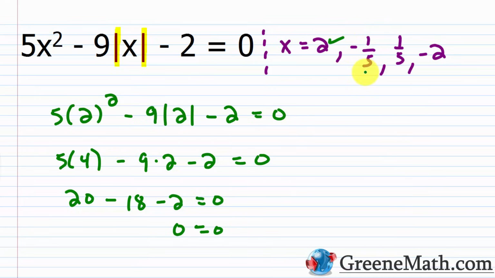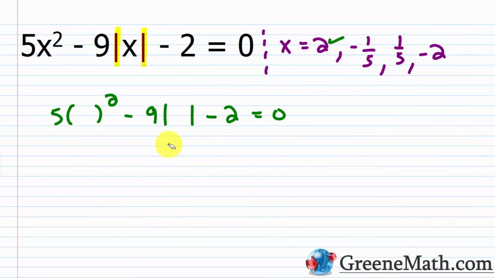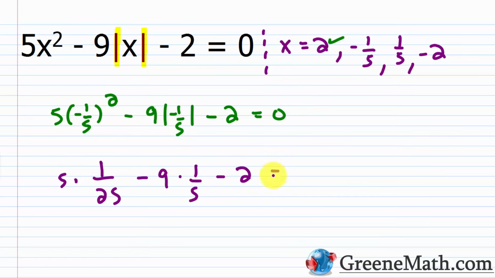Now let's work on negative 1/5. So let's erase this, and we'll do negative 1/5. I'm going to put negative 1/5 in there. All right, so if I square negative 1/5, I would get 1/25. So I have 5 times that guy, then minus 9 times the absolute value of negative 1/5, which is 1/5, and then minus 2, and this should equal 0. So this guy is going to cancel with this guy and give me a 5.